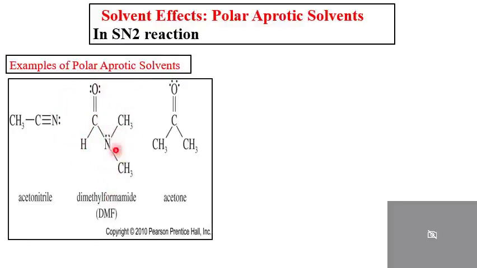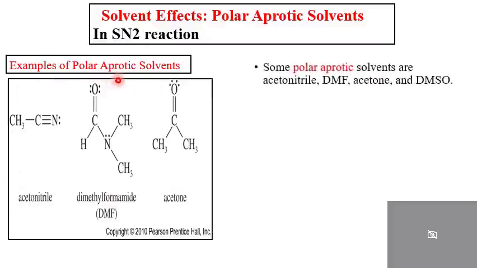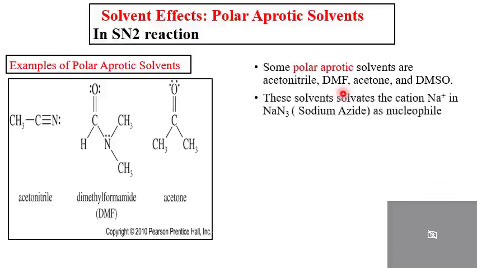Therefore, it is represented as DMF. Then acetone. Acetone is polar, but it doesn't contain a proton. Therefore, these solvents are polar but aprotic. Some polar aprotic solvents I just told you: DMF, acetone, DMSO, dimethyl sulfoxide is also an aprotic solvent.